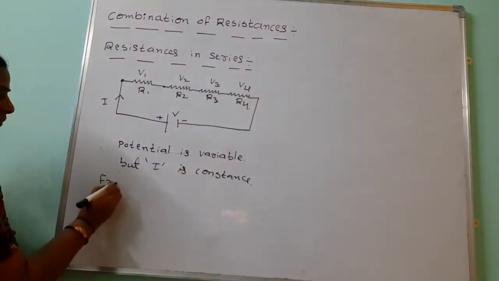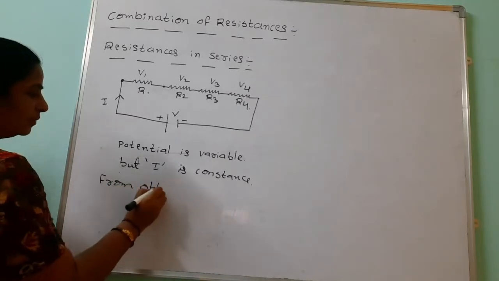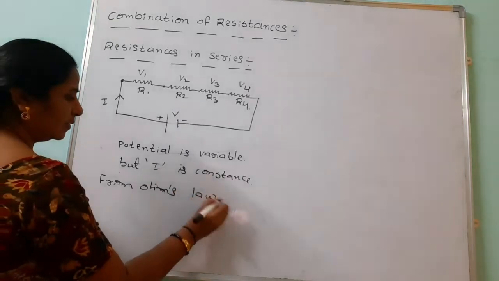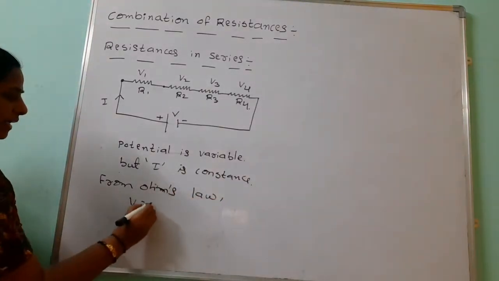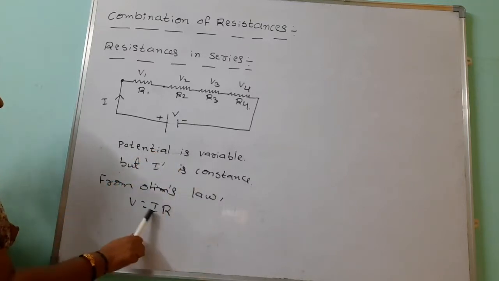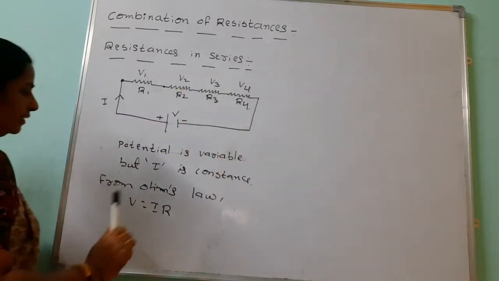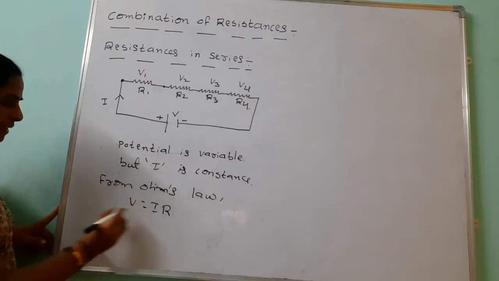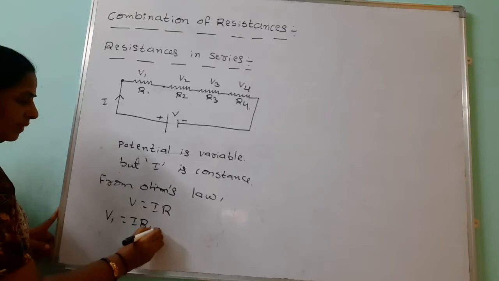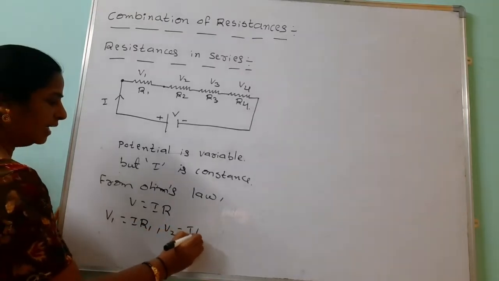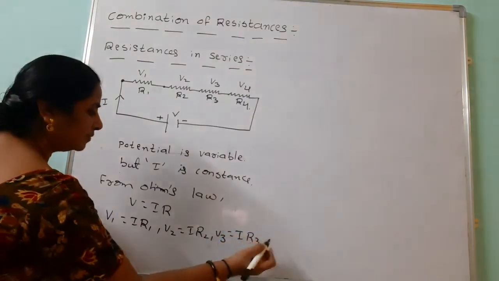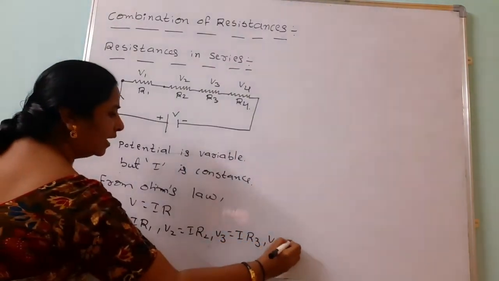From Ohm's law, we know that V equals IR. This is the potential across the battery, with the total current and the equivalent resistance of the combination of resistors. V1 equals IR1, V2 equals IR2, V3 equals IR3, V4 equals IR4.